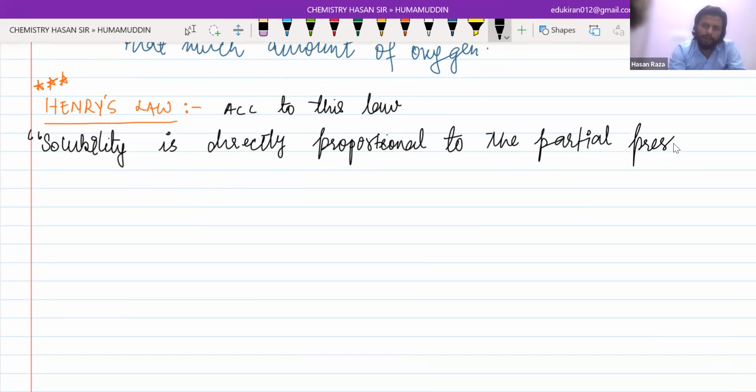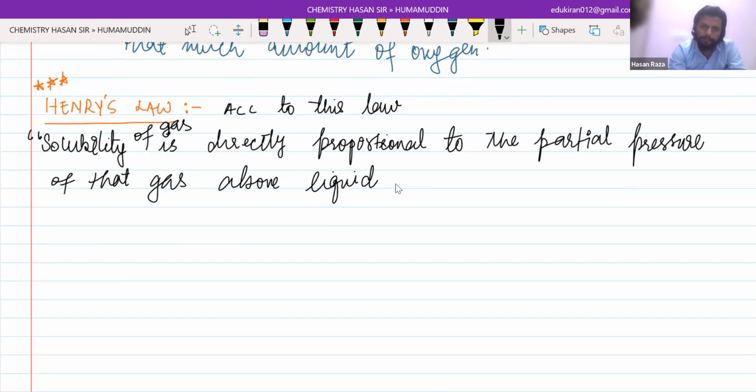I need to correct this sentence. Just wait a minute. Solubility of gas is directly proportional to the partial pressure of that gas above liquid surface. Now it's complete and meaningful.